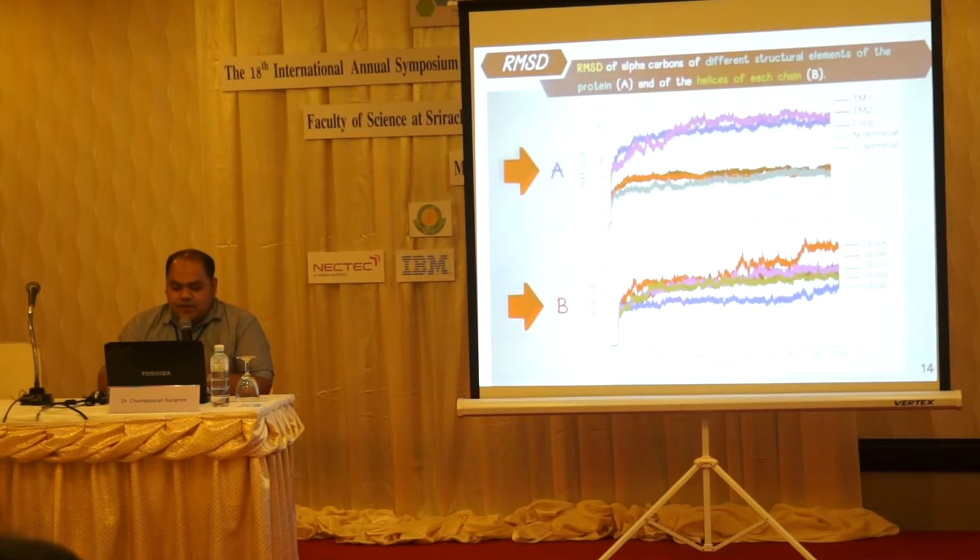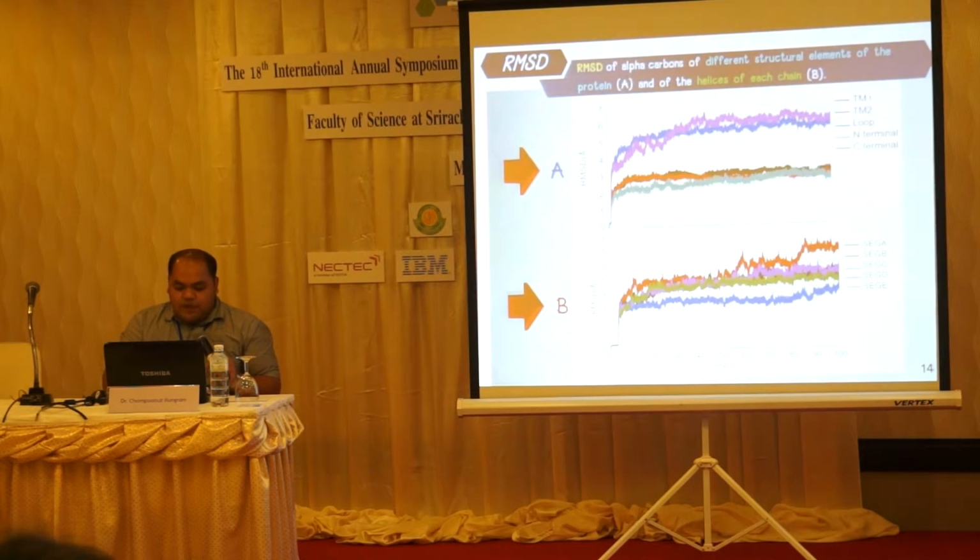The stability of the structure was investigated by the RMSD, or root mean square deviation, of alpha carbons of different structure elements of the protein in figure A, and of the helix of each chain shown in figure B. The lowest RMSD during the 2 nanoseconds was resolved on restraints to the backbone position for relaxation.